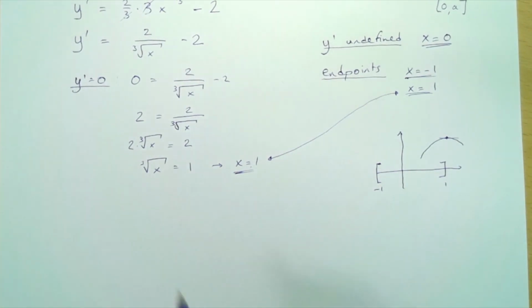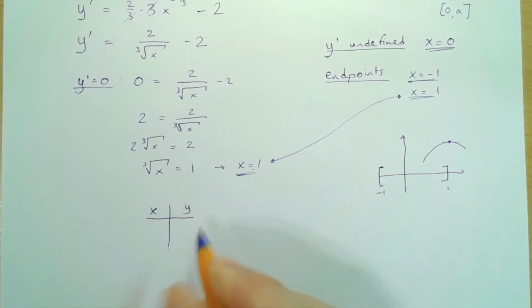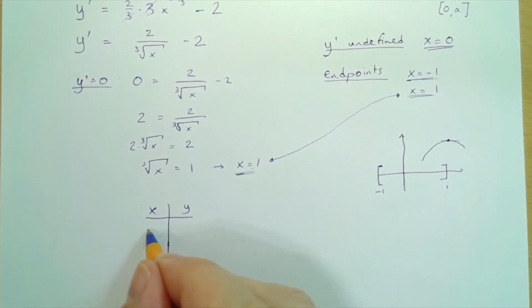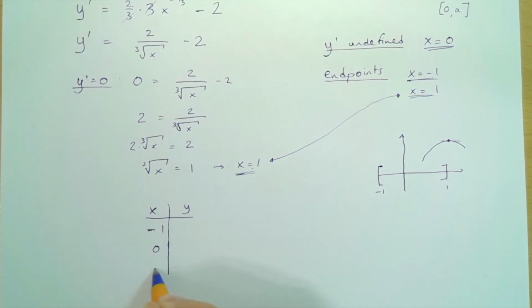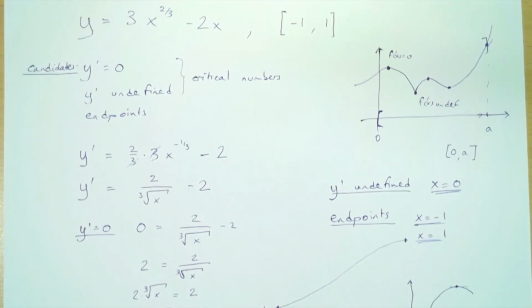So how do we find the absolute min and absolute max? We just list our candidates. We know one of them is the absolute min and one of them is the absolute max. We have negative 1, 0, 1, and we calculate the value of y. Not y prime, y. We're going back all the way to the beginning. When x equals negative 1, what is the value of y?